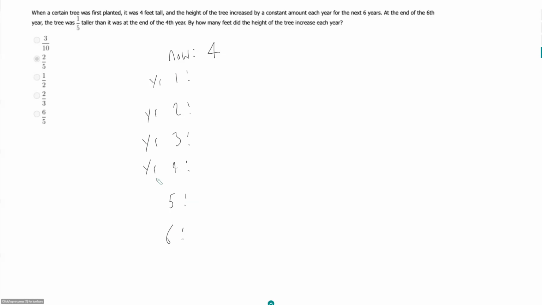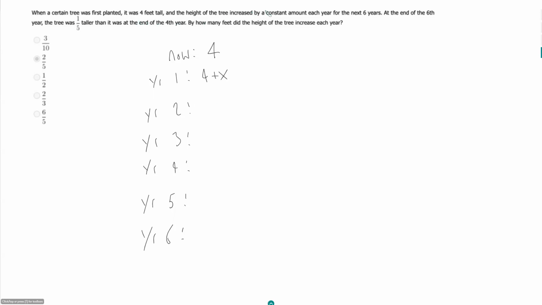All our values are going to be the height of the tree at the end of that year. So at the end of year 1, we can say it was 4 plus x feet. And then it grew another x.